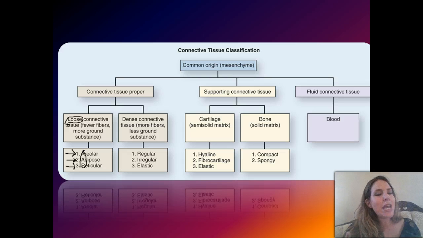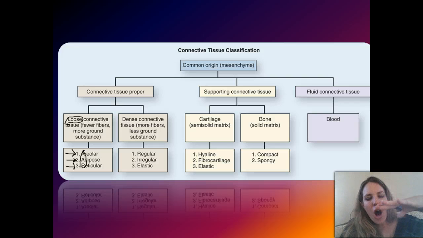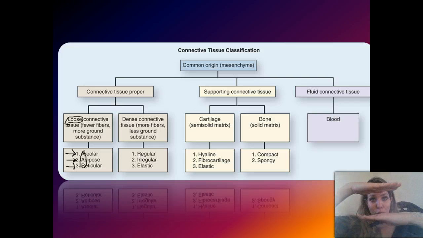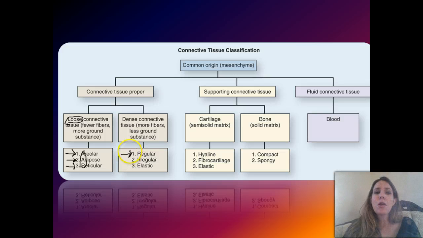So dense is dense, right? Tons of dense fibers, protein fibers, a lot of collagen, all stuck together. And how they're stuck together is what distinguishes the three types of dense connective tissue proper. If these fibers are all nice and parallel to each other and kind of stacked and uniformly spaced, then that's regular, dense regular connective tissue.